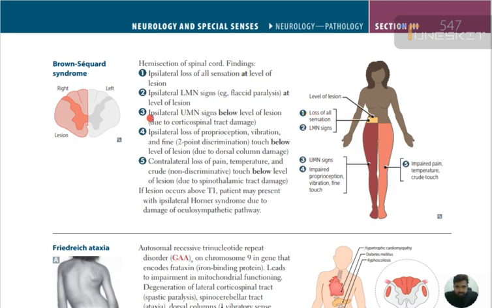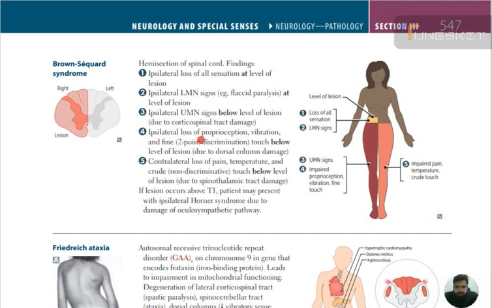There are ipsilateral upper motor neuron signs below the level of lesion due to the corticospinal tract damage. As there would be damage of the corticospinal tract, we would have upper motor neuron lesions, as we discussed previously.